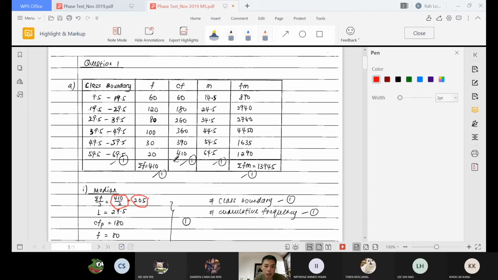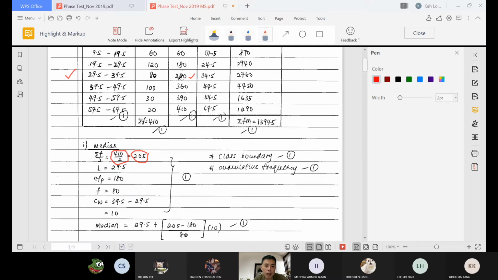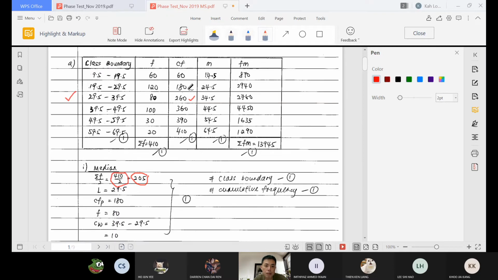And then quickly go to the CF. Look, do we have 205? We don't have, but we have the closest one, 260. So what is the class? The class will be from 30 to 39, because the class boundary is 29.5 to 39.5.